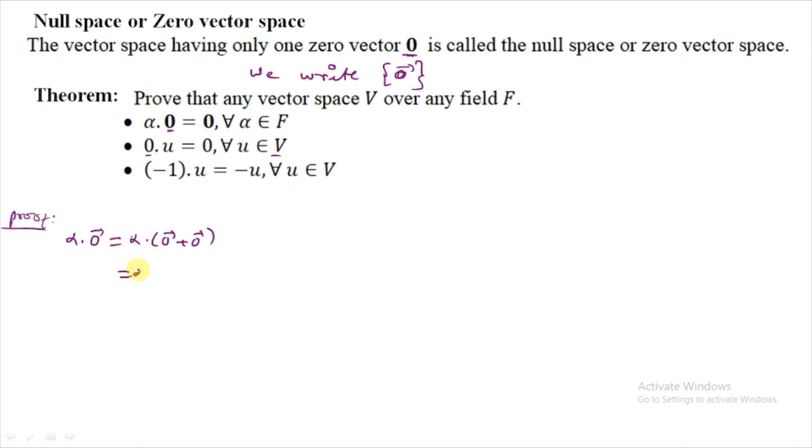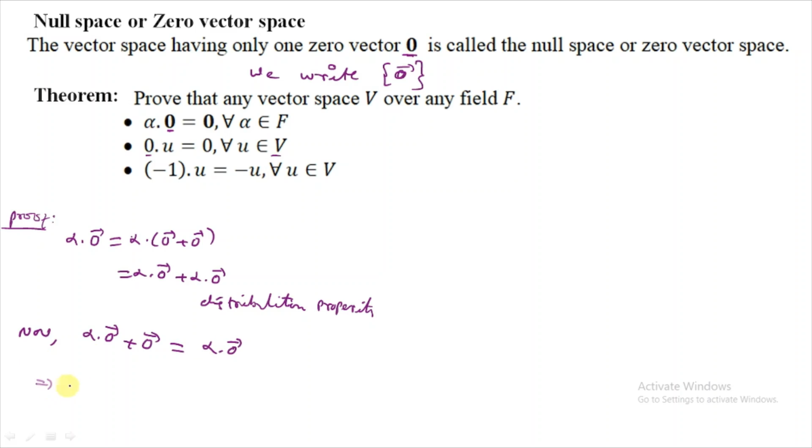Now, by the distribution law, alpha dot 0 plus alpha dot 0, that is alpha dot (0 plus 0) vector, is the same as alpha dot 0. When we add 0, we get alpha dot 0.